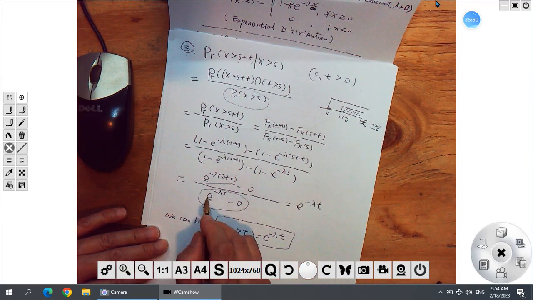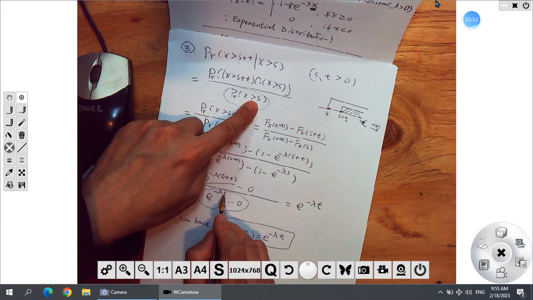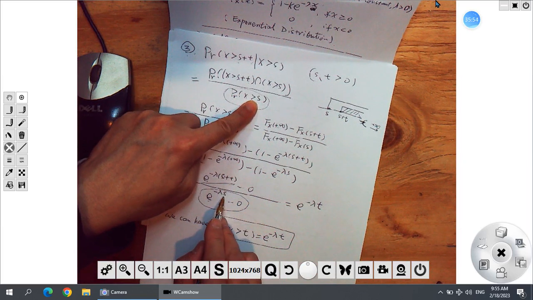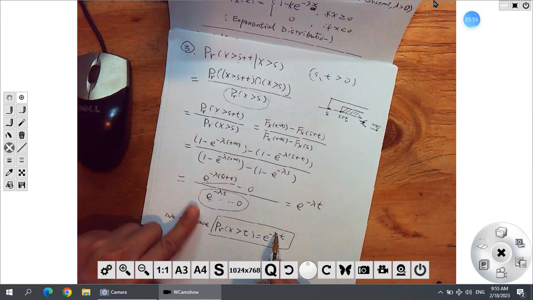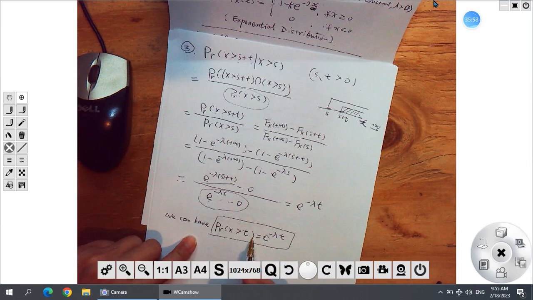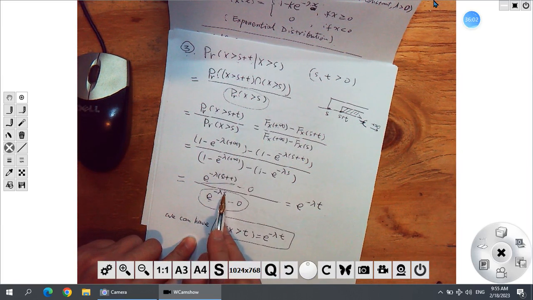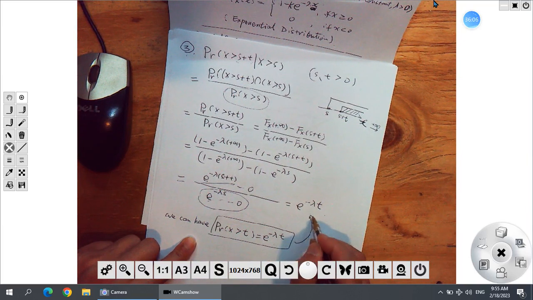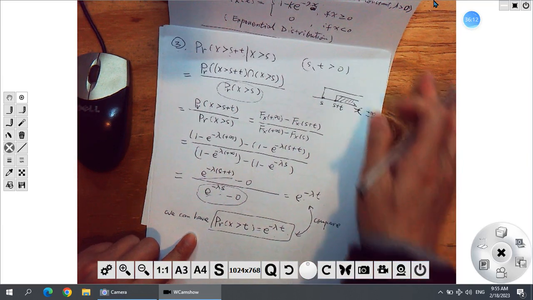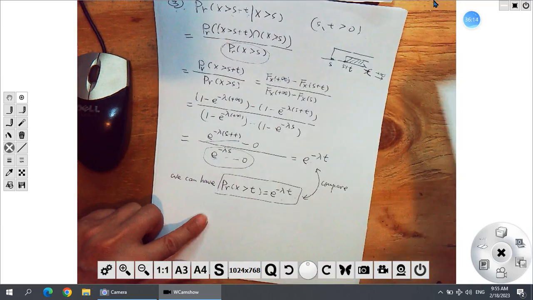You see? Now this is larger than s; here's s, and here's t. You just replace this s by t, then here will be t. So we get this. Now you compare. Are they the same? Yes, they are the same. So we have a result like this.